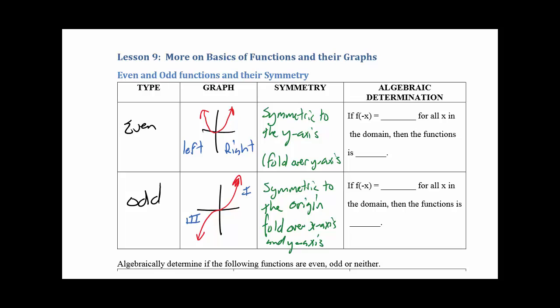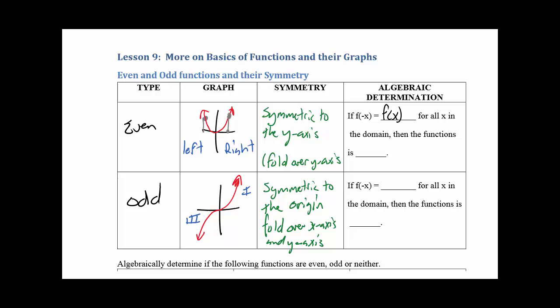Okay, algebraically, if I want to determine if something is even, then f of negative x should be equivalent to f of x. Let me go back to the graph. If I look at any ordered pair on the right side, I should find a mirror point on the left that has the exact same numbers, and the only difference would be a sign.